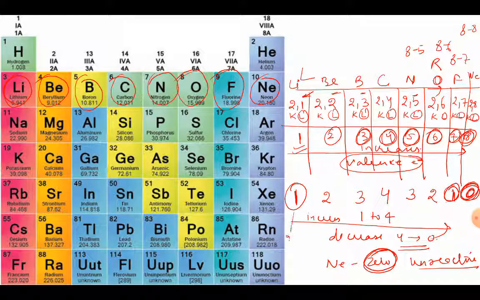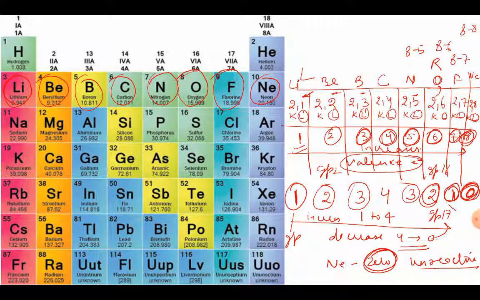That is group 1 and group 17. Then there are two groups which have a valency of 2, group 2 and group 16. There are two groups which have a valency of 3, group 13 and group 15, and only one group which has a valency of 4, and that is group 14.